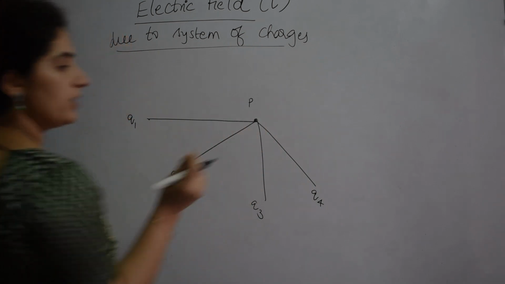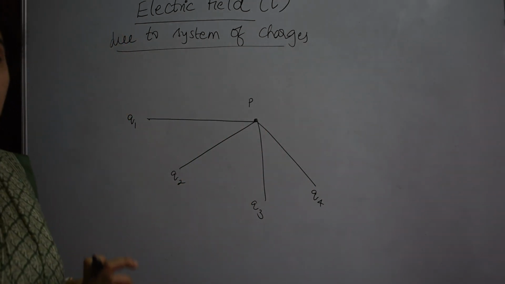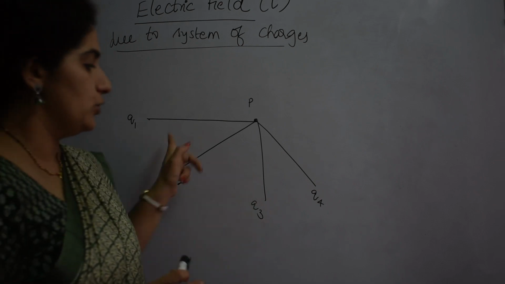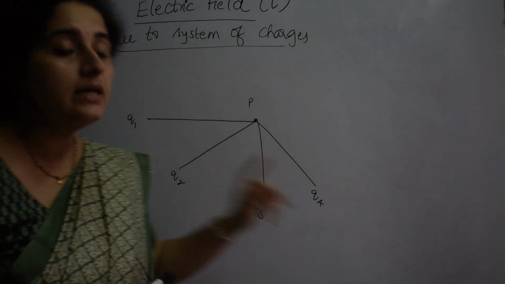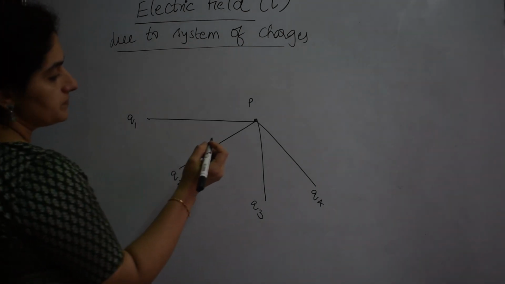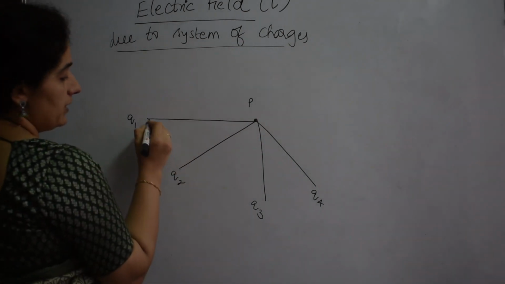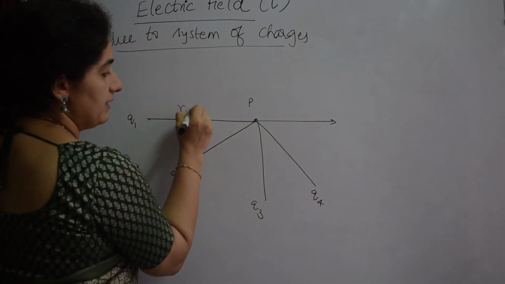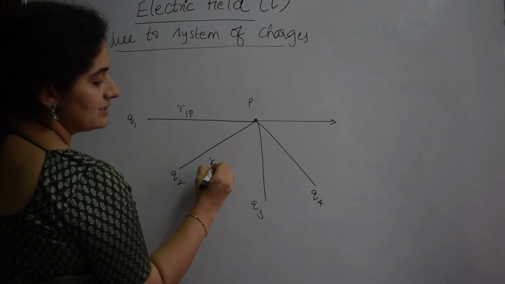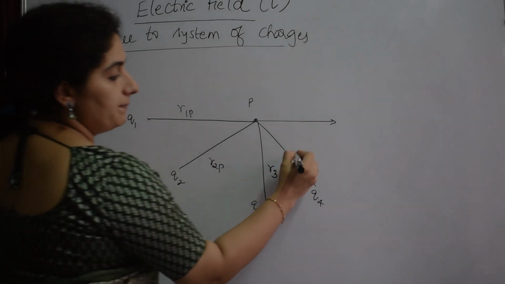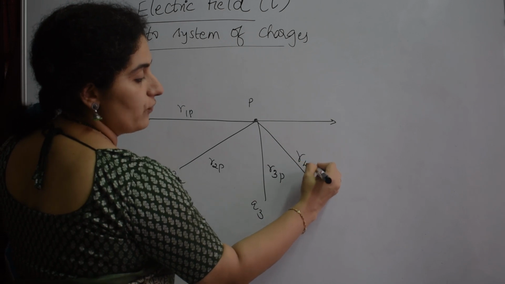Now at this point you have to calculate the total electric field due to all these charges Q1, Q2, Q3 and Q4. So now at this point P, I will write R1P, R2P, these are the radius vectors, R3P, R4P.